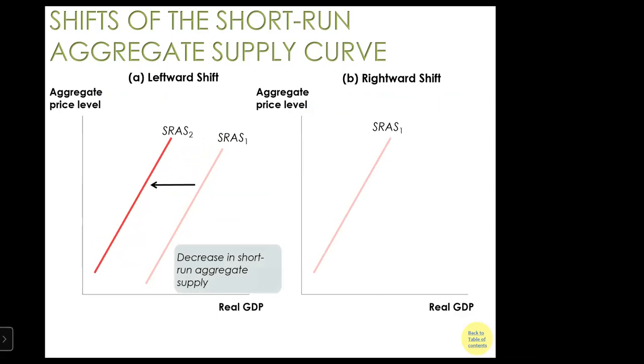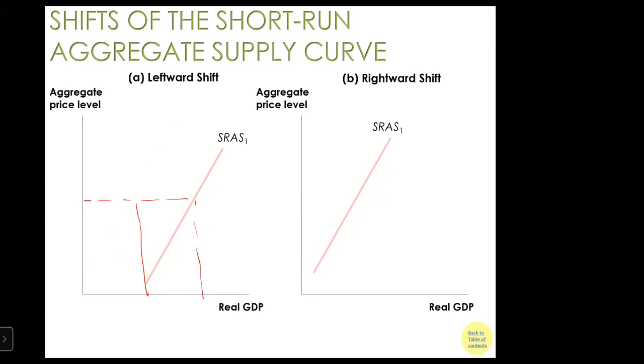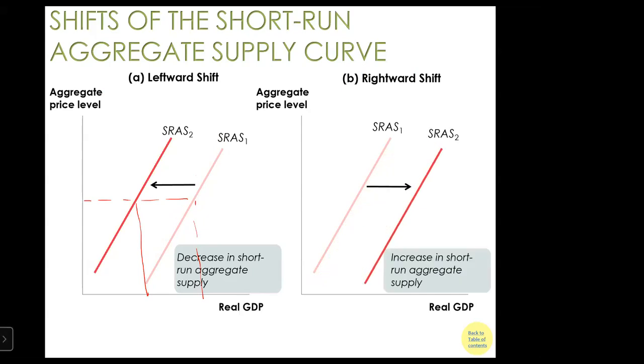The way we understand that is, given the price level, the aggregate supply will decline. What can cause this decline? Either an increase in commodity price, an increase in nominal wage, or a decline in productivity. On the other hand, if the opposite things happen, we have a rightward shift, or an increase in short run aggregate supply.